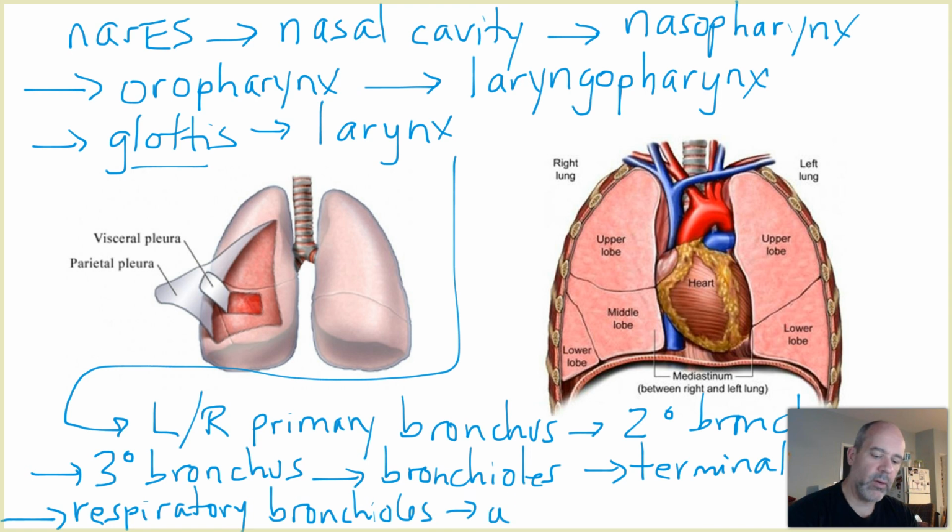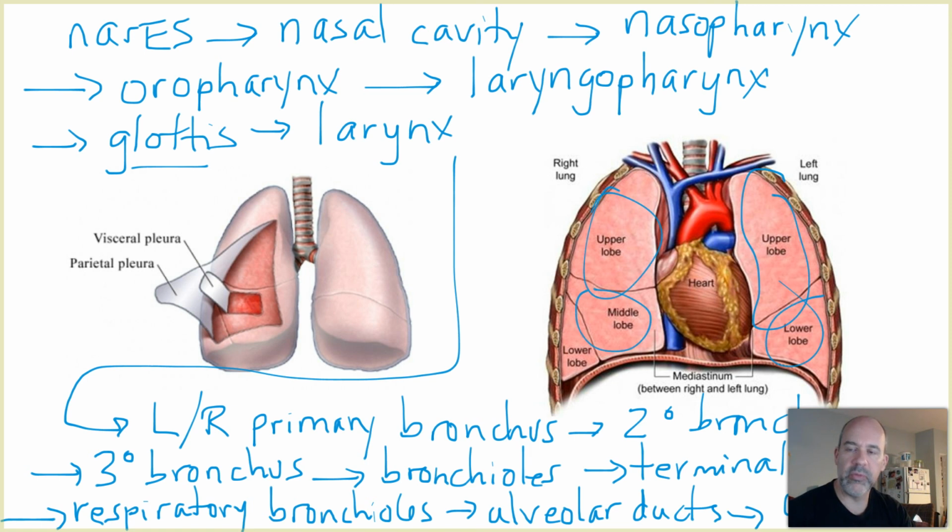Those lead to alveolar ducts. So in each case, you're branching into smaller and smaller structures. And then those lead to an alveolus. Alveolus is singular, alveoli is plural. And those are arranged in those cluster-like features, and then those are scattered all throughout the lobes of the lungs. And those, again, are the sites where you have the gas exchange between the air in those alveoli and those pulmonary capillaries that surround them.